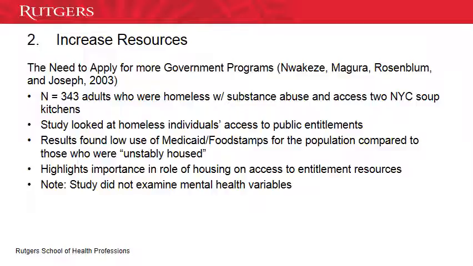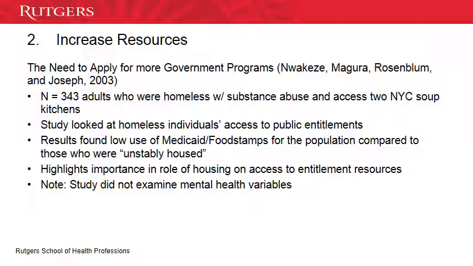Nowatzki et al. looked at this in their article, The Need to Apply for More Government Programs, where they had 343 adults that were homeless with substance abuse issues only. It's important to note for this study, they did not examine mental health variables here, but they were looking at New York City soup kitchens and people who were accessing those to find out what type of public entitlements those people received.